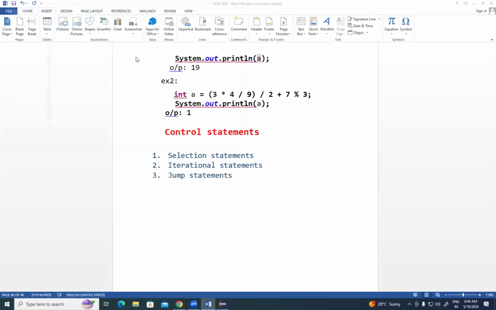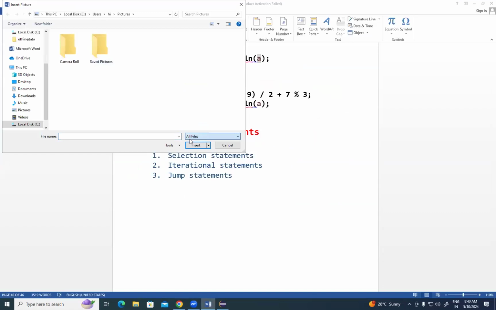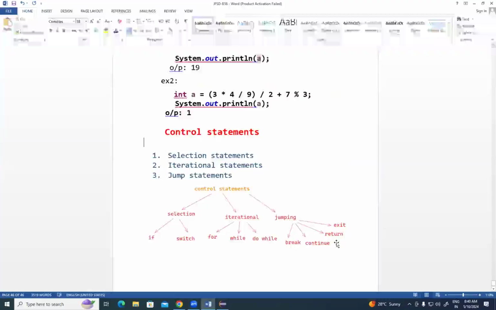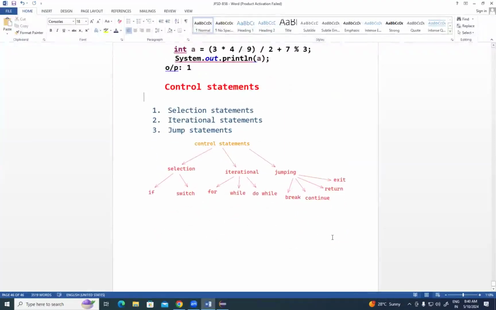Now you got the document here, with all the statements.